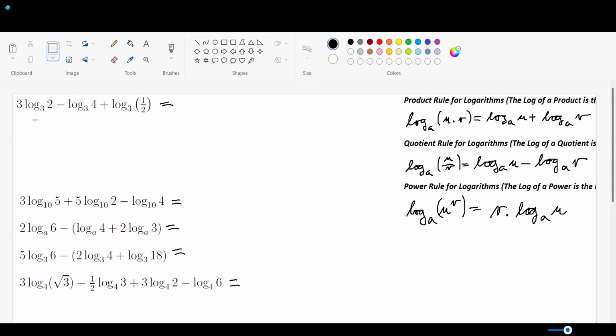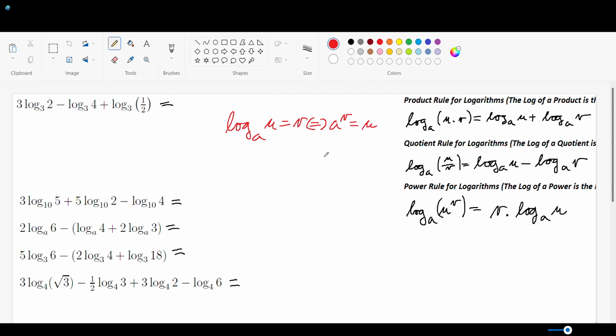If you look at the first numerical expression, let me remind you of the definition of the logarithm, which says log base a of u is equal to x, or let me just use the letter v, is true if and only if a to the power of v is equal to u.